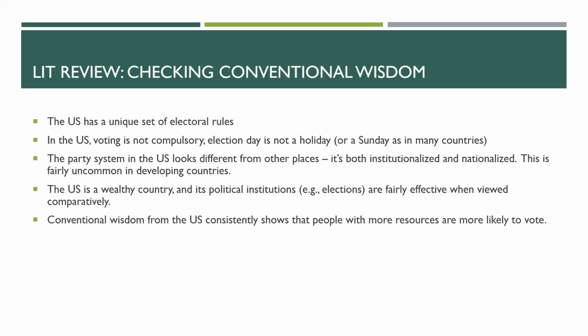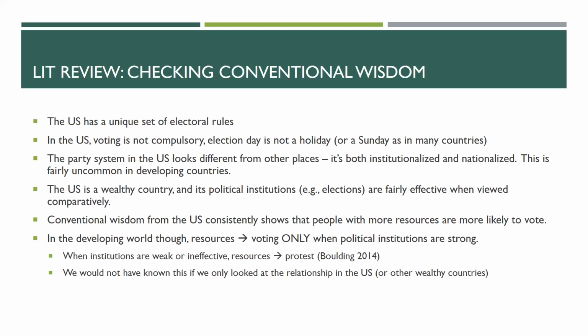And the conventional wisdom for a really long time here in the United States was that research consistently showed that people with more resources, particularly socioeconomic resources, are the ones who are more likely to vote. But we don't necessarily see that elsewhere. Instead, in the developing world, we still see that some resources, particularly information in that context, as opposed to time or money, lead to increases in political engagement, political mobilization, but it only leads to an increase in voting when institutions are strong and effective.